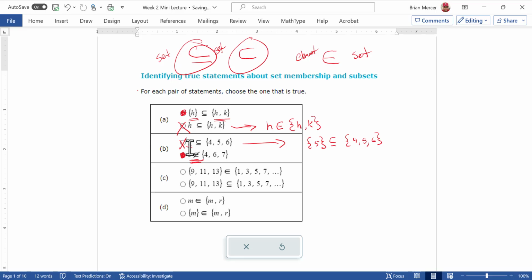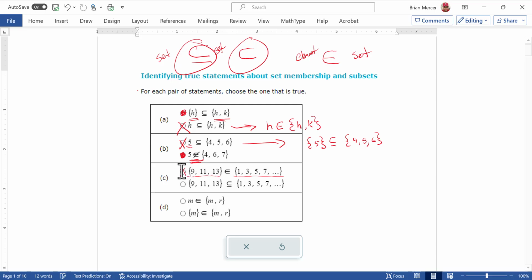Let's see here. This next one, we have this first one. It says the set containing 9, 11, and 13 is an element of the set containing 1, 3, 5, 7, and so on. Well, that's definitely not true because the thing on the left is not an element, it's a set.